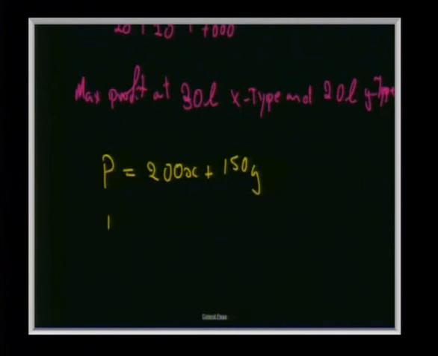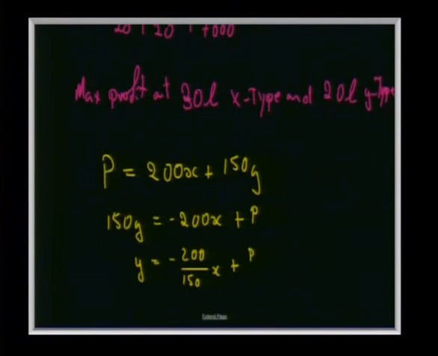Converting that, I get 150y is equal to minus 200x plus p, dividing everything by 150. I get that my slope is negative 200 over 150.